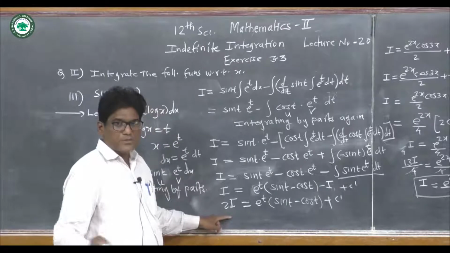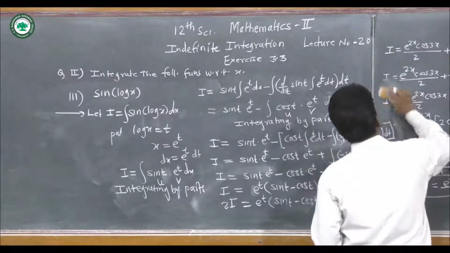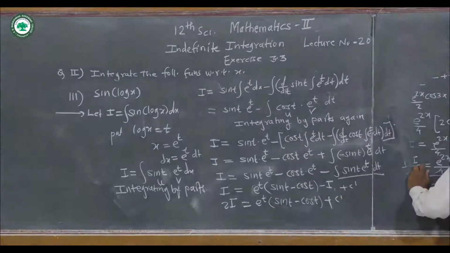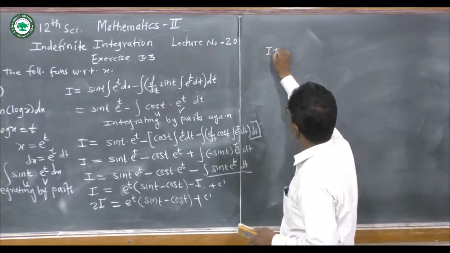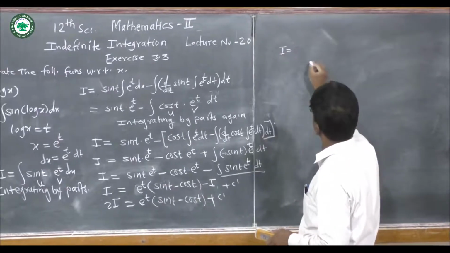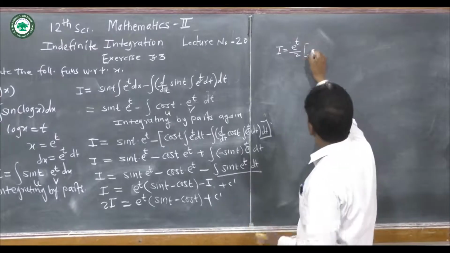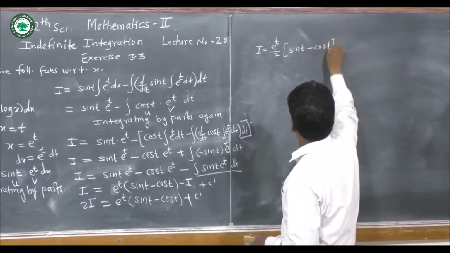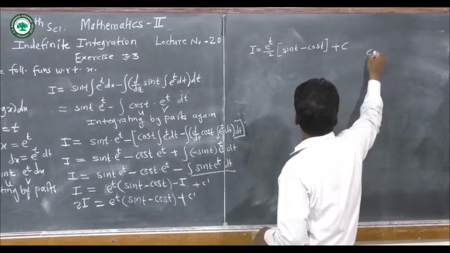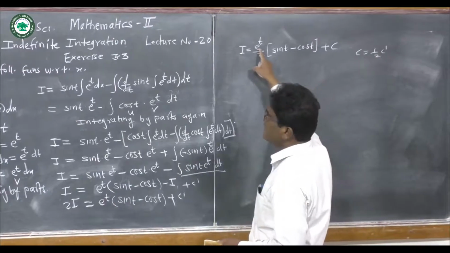And now we carry this 2 on the right hand side, therefore this required integral I becomes e to the power t upon 2 in the bracket sin t minus cos of t plus c, where c is equal to 1/2 into c dash, and lastly put the value of t.